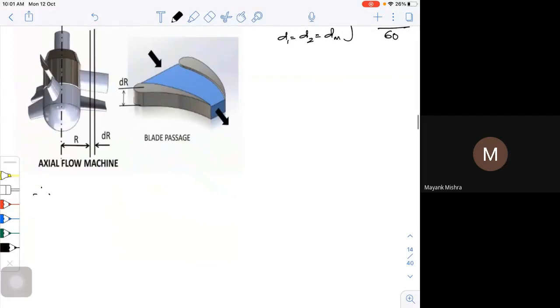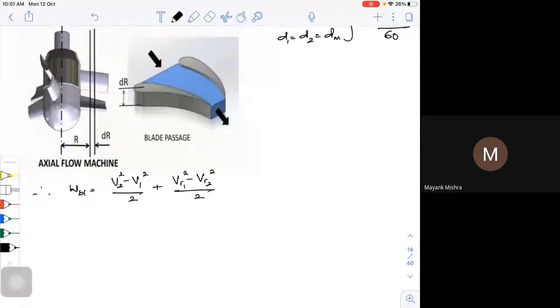So in this condition, what will happen to your blade velocity? This is your blade work done, which is equal to (V2 square minus V1 square) by 2, fine, plus (VR1 square minus VR2 square) by 2.